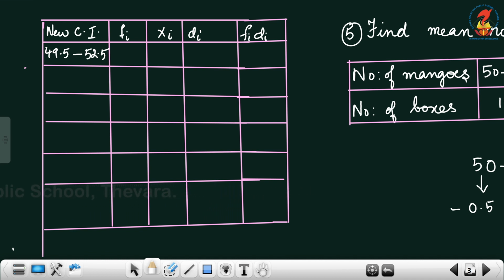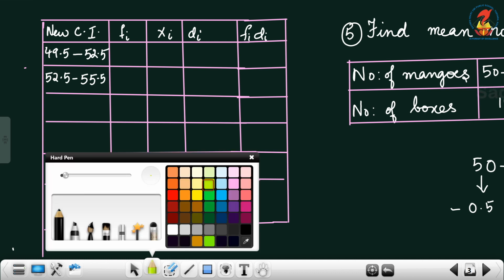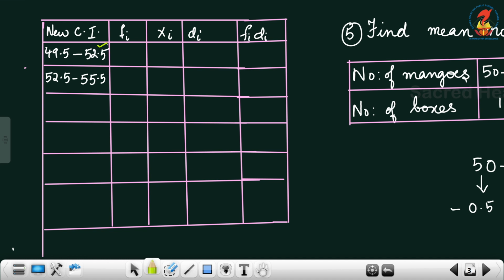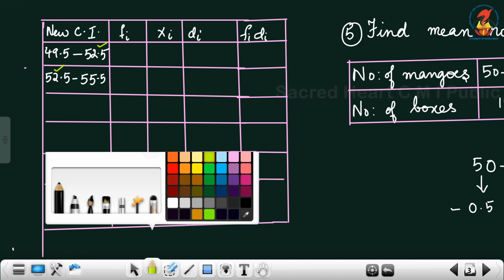When we subtract 0.5 from 53, we will get 52.5, and if we add 0.5 to 55, we will get 55.5. Children, now you see here 52.5 here, 52.5 here. So now it is continuous.